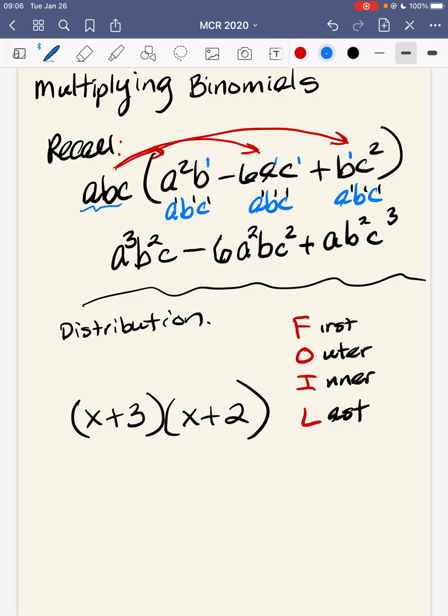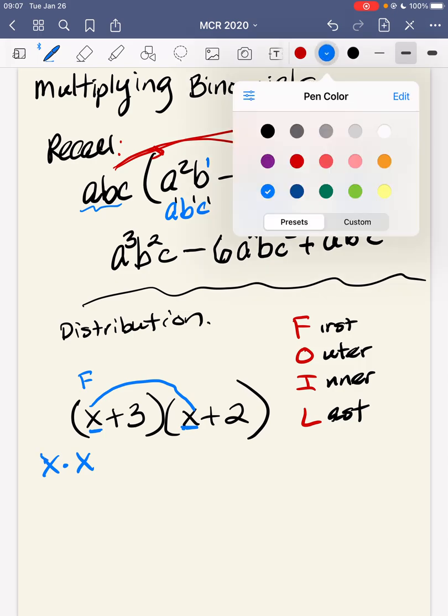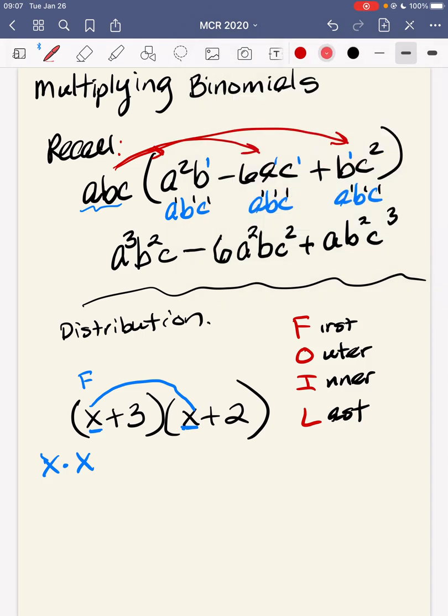The first means we're going to take the first variable in the first binomial, multiply it by the first in the second binomial. So these are our first. This is our F. All right, so we're going to take X and multiply it by X. The next one is outer, which means we're going to take our outermost 2 variables.